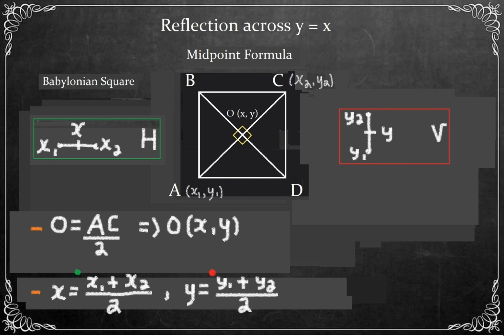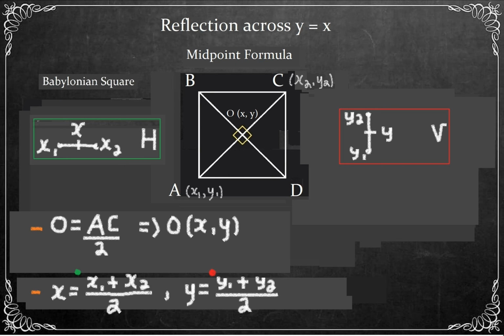Now we let the coordinates of O be x, y. Next, since O is the midpoint of the horizontal distance between A and C, its x-coordinate must be halfway between x1 and x2. We can express this as x equals x1 plus x2 over 2.